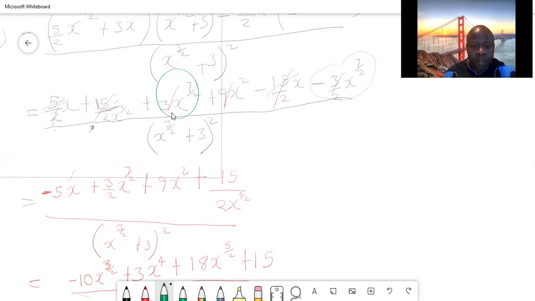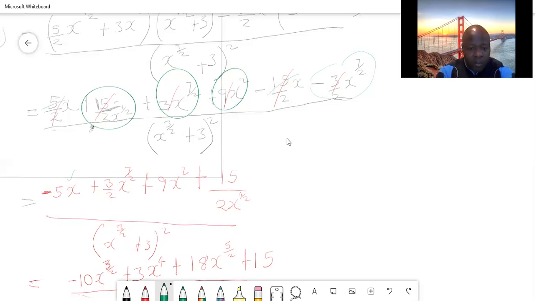So this is the same as 6 minus 3, which is 3, and then over 2, x raised to 7 over 2. And then there's this part that I put here. This one I had already used. So there's this part. Here I put 15 over 2 x raised to half.